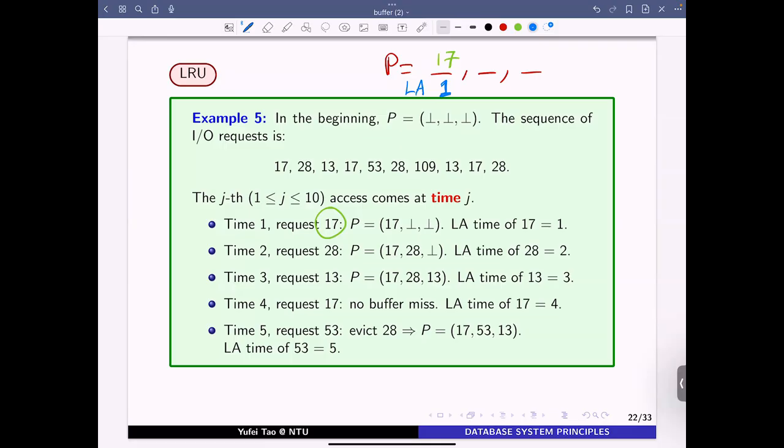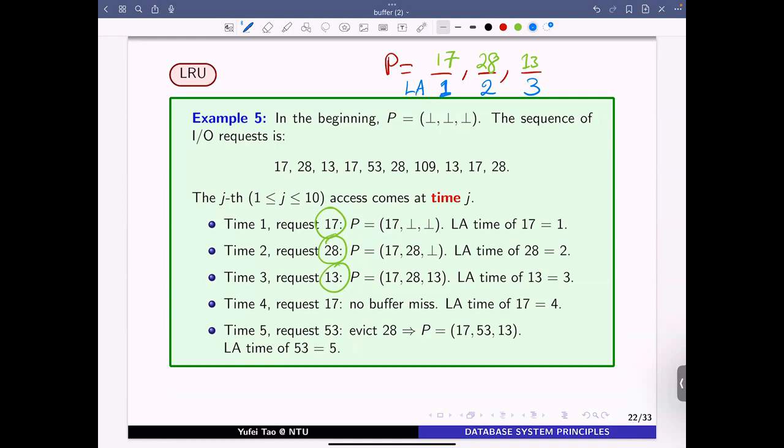Moving on, time 2 is 28. That's a miss, so it enters our pool because we have empty slots, and the LA time is 2. Time 3 is 13. It goes into the pool, and the LA time is 3.